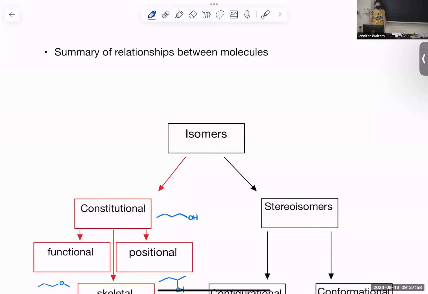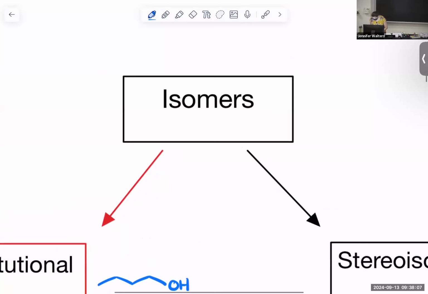All right, so let's put ourselves on the map. Let's try to figure out where we are with our stereoisomers. Isomers are going to be where you have the same molecular formula, but different arrangement.